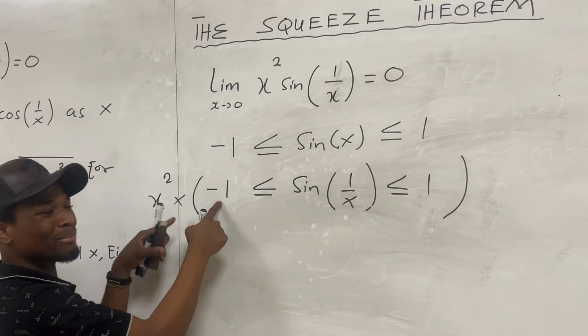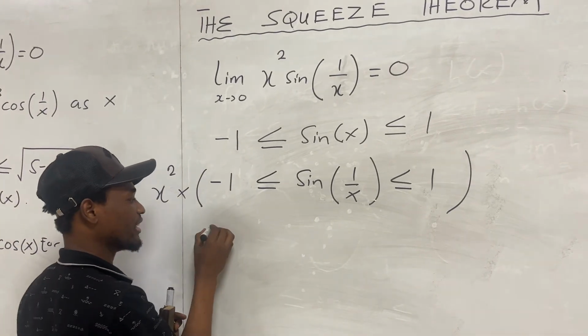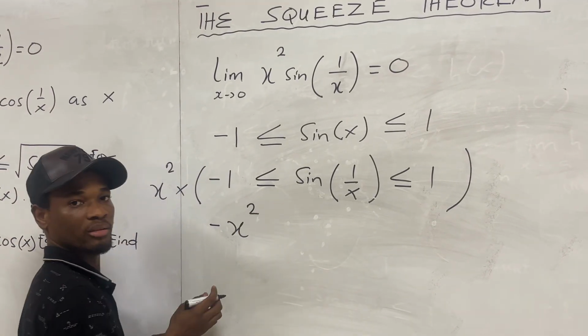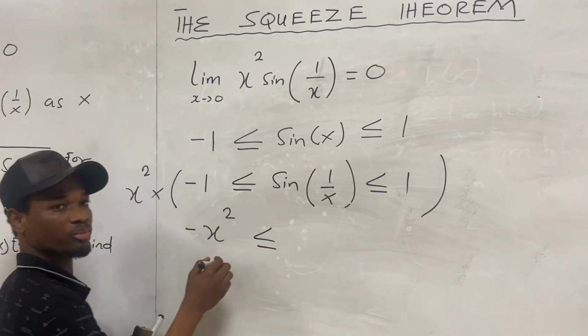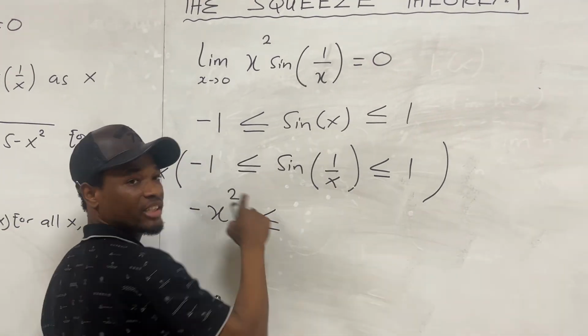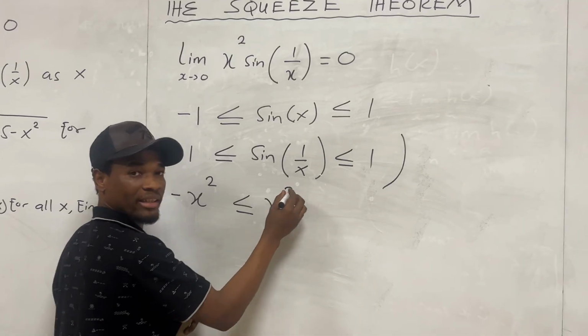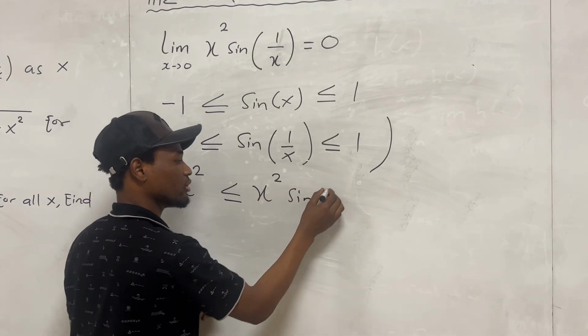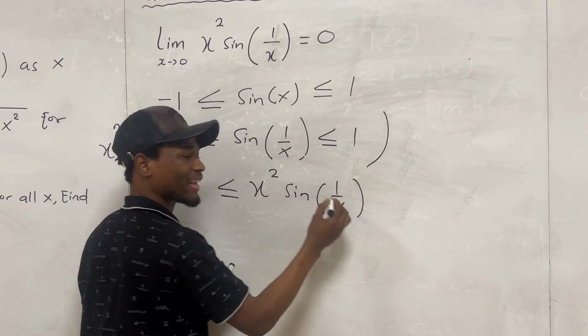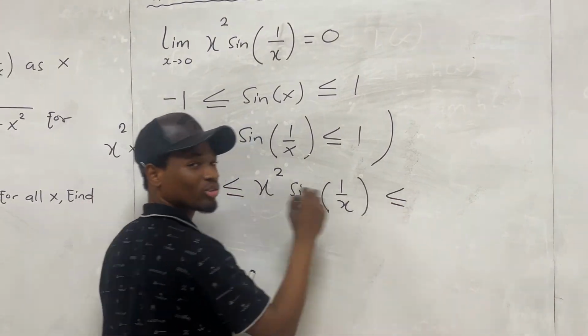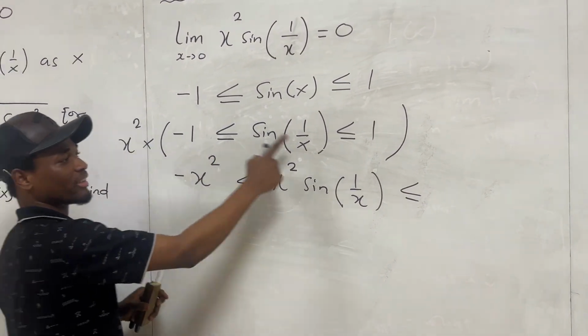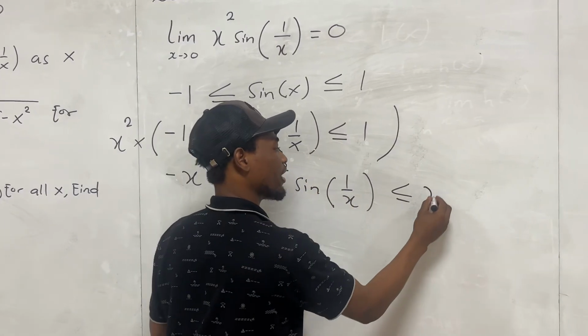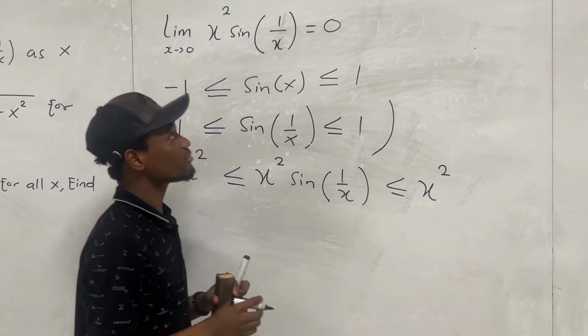So x squared times negative 1 gives negative x squared, less than or equal to x squared multiplying this gives x squared sine 1 over x, then less than or equal to, again, x squared times 1 gives x squared.